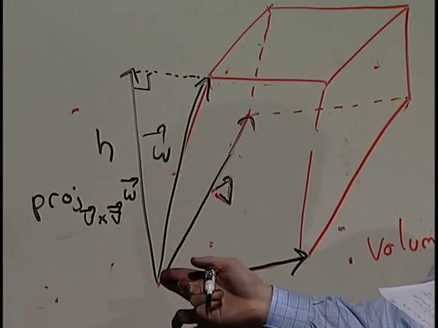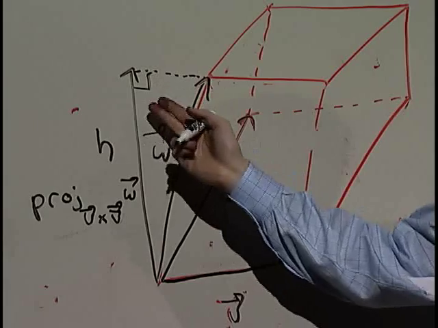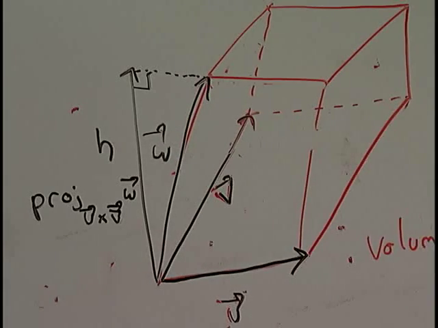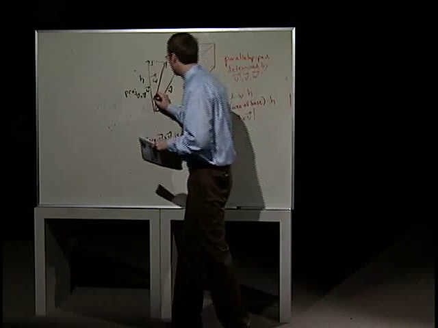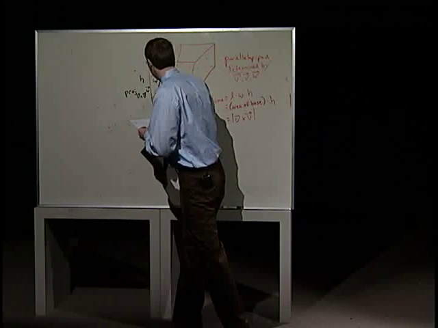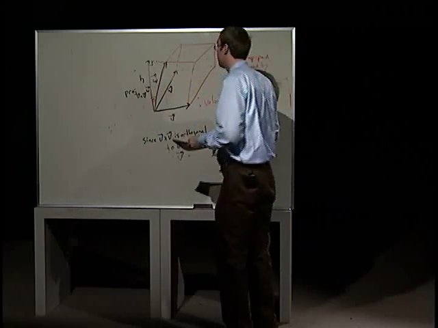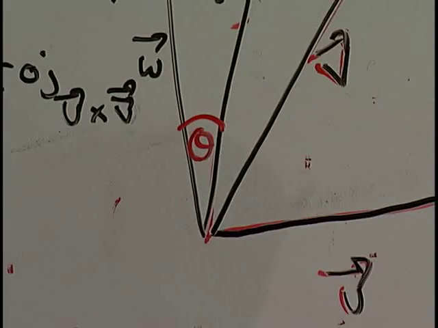But what I do know is that it goes in the same direction as this height vector does. Okay? And so then we have some angle, theta, which is there. We have a right triangle, right?